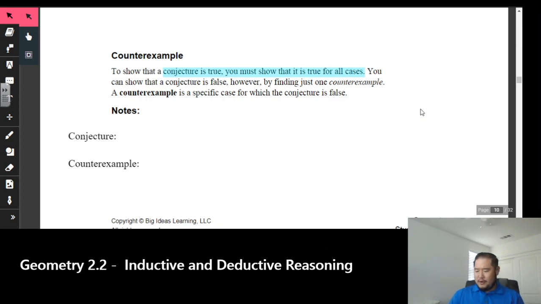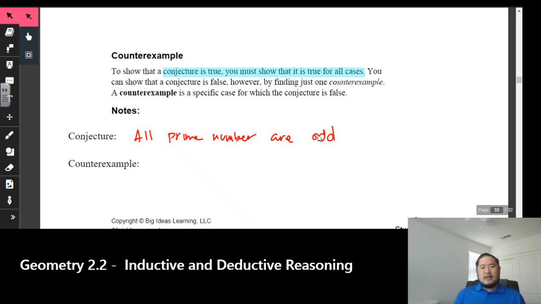Okay, so for example right here, I can go ahead and say for my conjecture, all prime numbers are odd. If you think about your prime numbers, remember, it can only be divided by 1 and itself. So maybe 7, a prime number. What are some others that you could possibly think of? 11. So 7 is odd, 11 is odd.